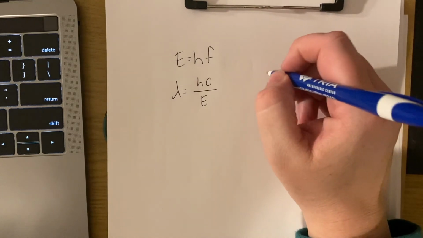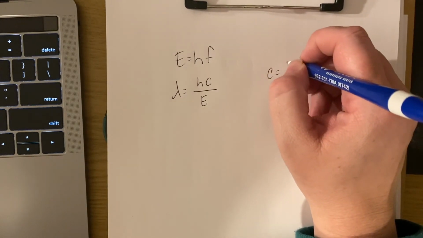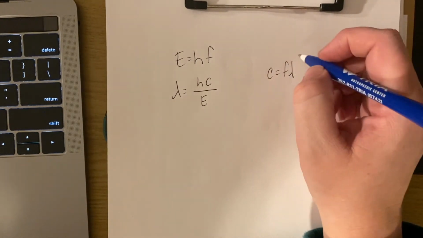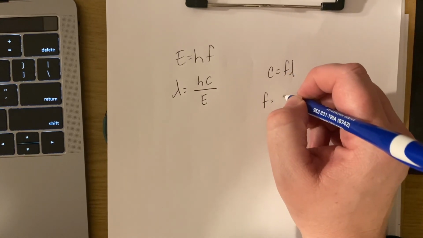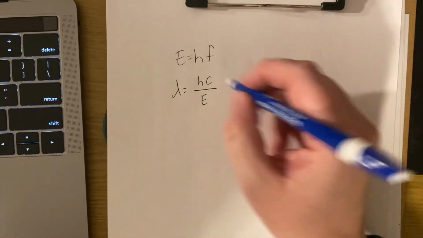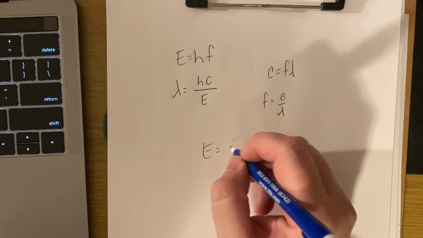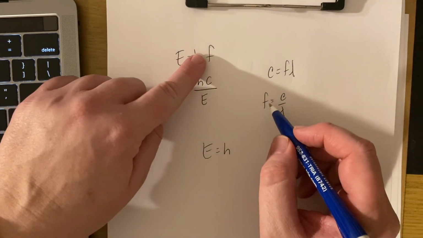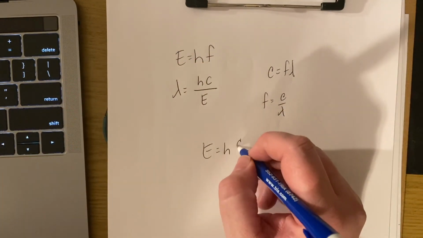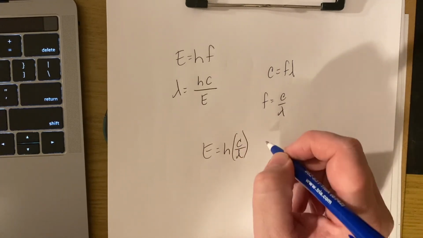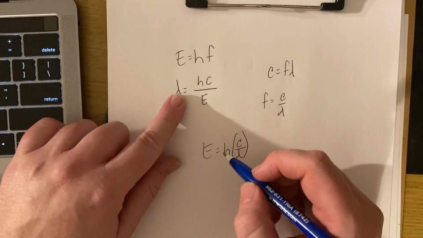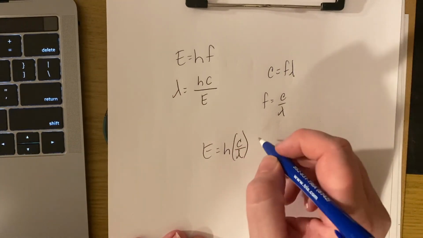If you take the equation c equals f lambda, and rearrange that for f, you have f equals c over lambda. And so if you put that in there, you have E equals h, and instead of having f, you have c over lambda. And so that gets close to this. We need to bring the lambda to the other side.